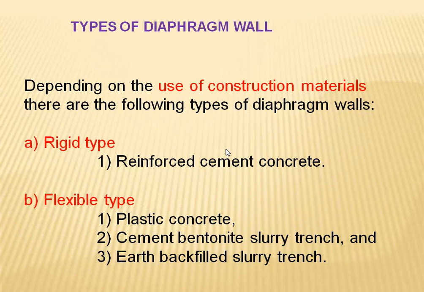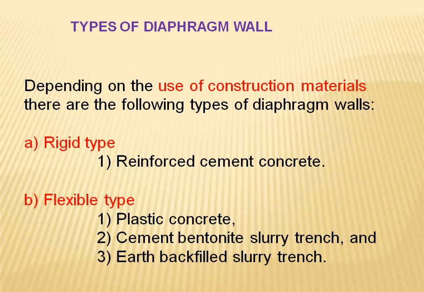There are some types of diaphragm wall, depending upon the construction material used. The first type is the rigid type, and the second is the flexible type.